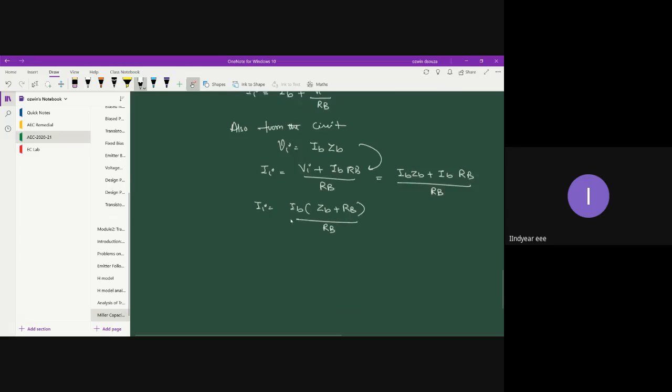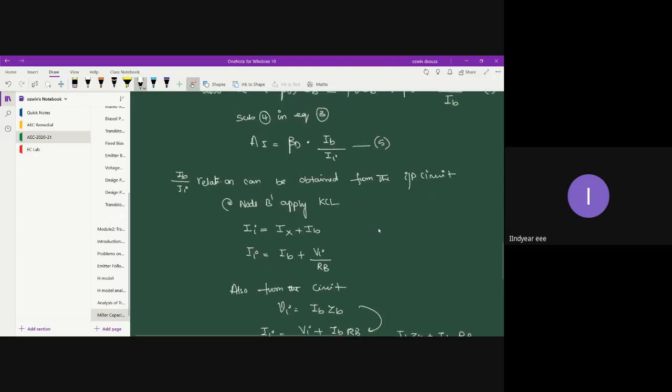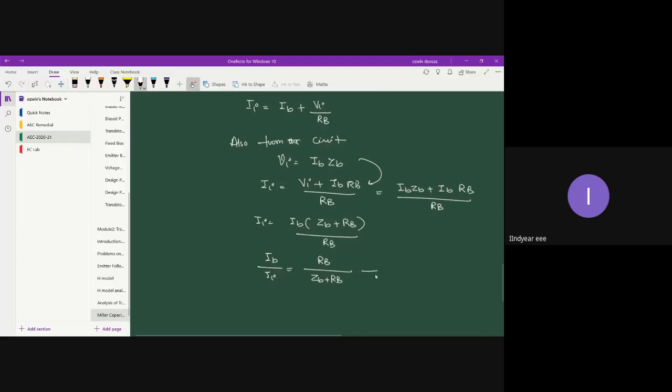Take out the ratio IB by II, so I will get RB divided by ZB plus RB. Let's take this as equation 6.